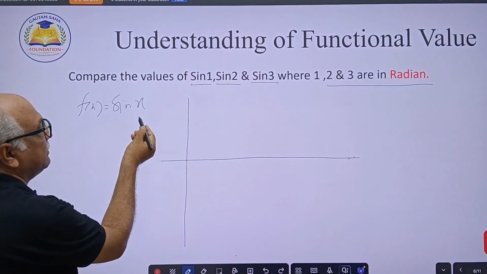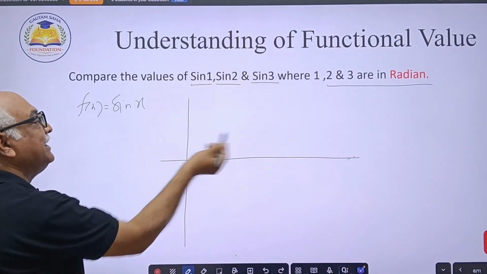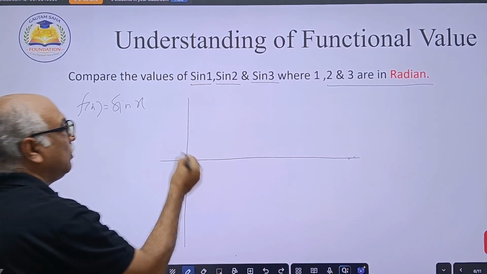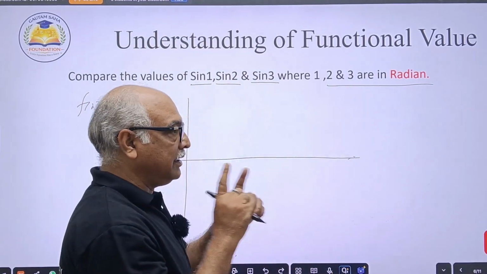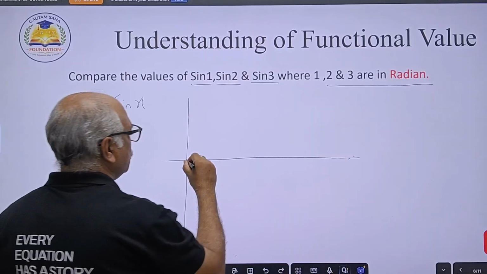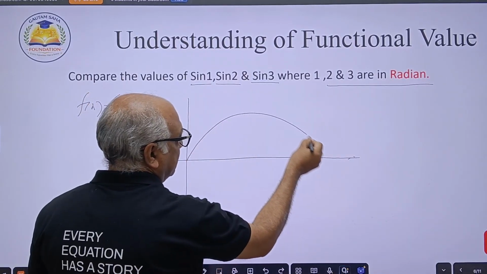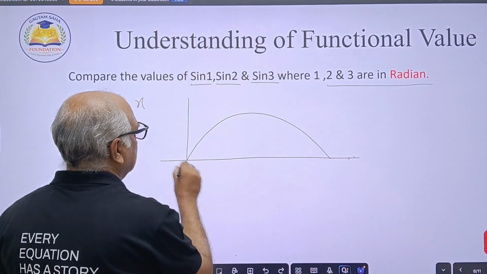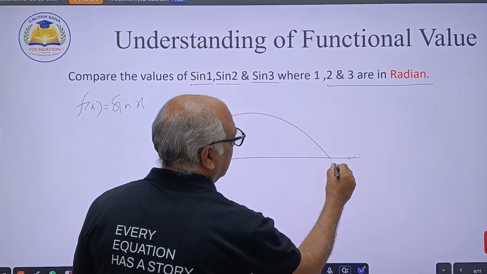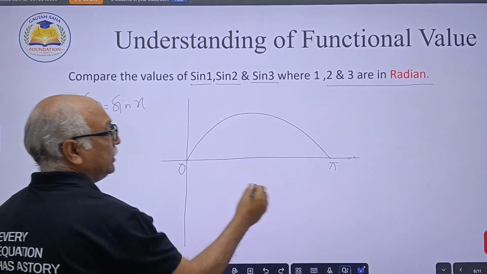जैसे sin 90. So now 1, 2, 3 are in radian. So we have to know so many things. That is, say this is our sin x. This is our pi. Sin pi is 0.